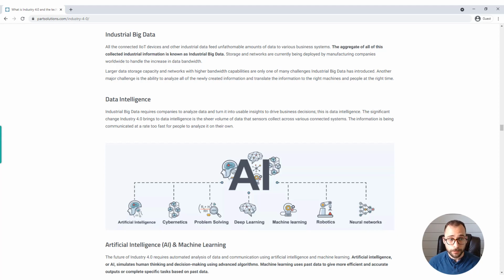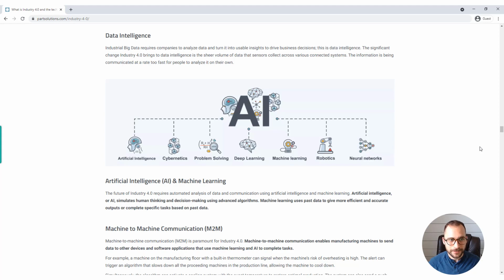Large data storage capacity and networks with higher bandwidth capabilities are only one of the many challenges industrial big data has introduced. Another major challenge is the ability to analyze all of the newly created information and translate the information to the right machines and people at the right time.